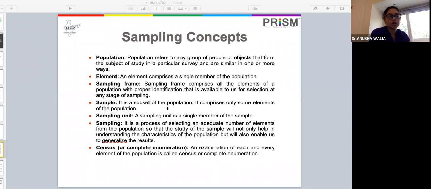In this, we also have the sampling unit. Now, a sampling unit is an elementary unit or a group of such units which, besides being clearly defined, identifiable and observable, are convenient for the purpose of sampling. That's why it is called a sampling unit.